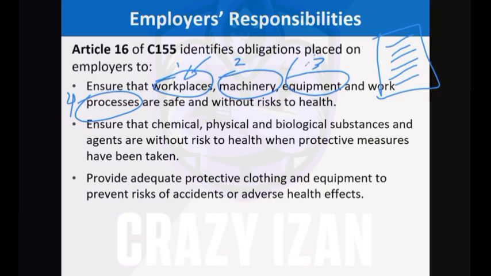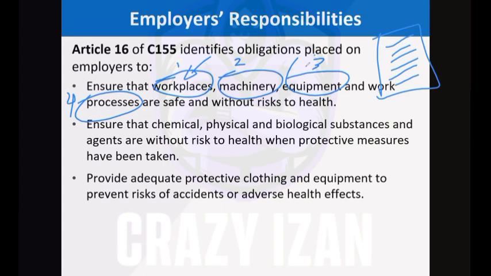How can the employer provide a safe workplace? By making sure that there are separate routes for pedestrians and vehicles. Who are pedestrians? Pedestrians are people who walk on foot. If pedestrians and vehicles are not segregated, and the workers are walking while vehicles are passing, there is a high risk of accident, which means the workplace is not safe.